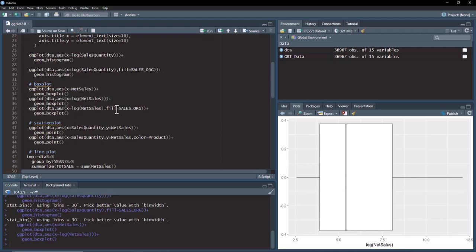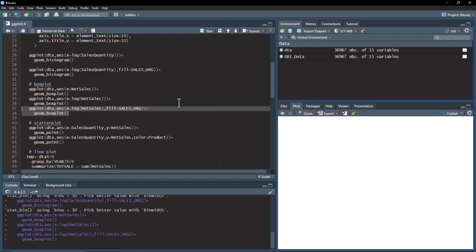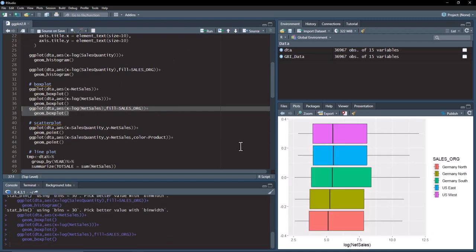We can do the same thing when we fill the plot by organization. Well, notice what it did is it didn't fill it up the same, it split it into groups. So now we have the two Germany North ones, which again we should clean up, and the US East and the US West. Well, when we take the natural log, they seem to look sort of similar.